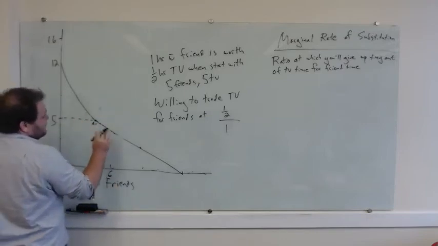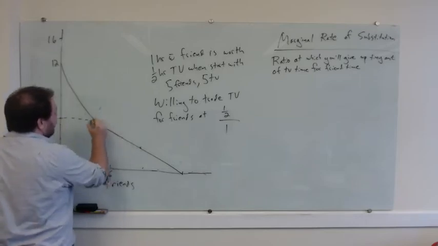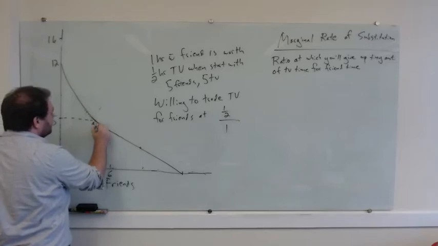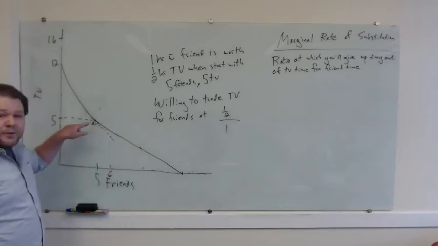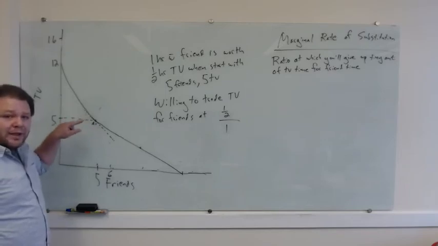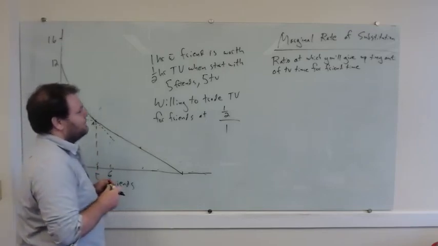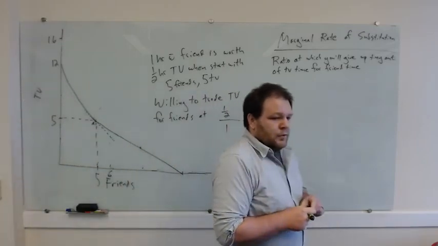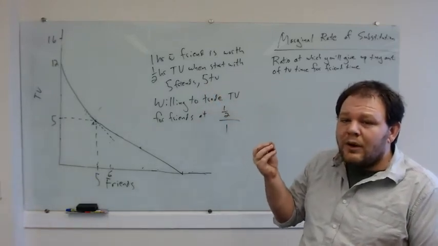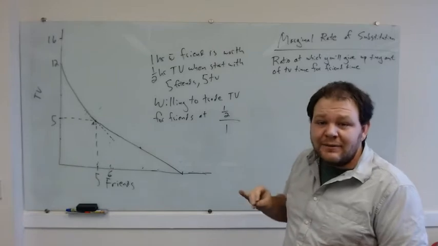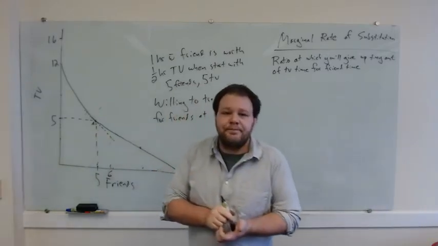If we take the amount of friend time that we're adding and make it smaller and smaller and smaller, eventually we get the slope of our indifference curve right at the point where we've got 5 hours of friend time and 5 hours of free TV time. And if we do this, we can tell you how much friend time is worth relative to TV time in a marginal increment right at point A.